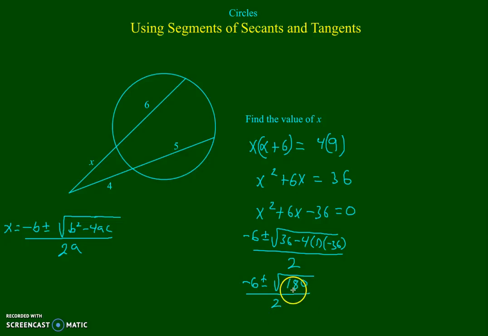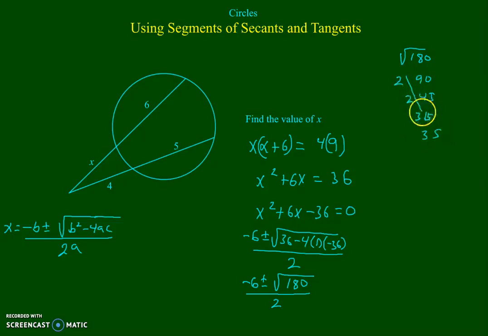Now if we simplify this, we have the square root of 180, that's 2 and 90, 2 and 45, 2 does not go into 45. 3 goes into 45 15 times. 3 goes into 15 5 times.